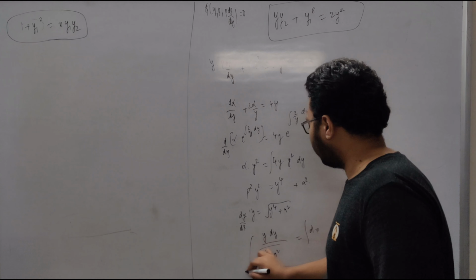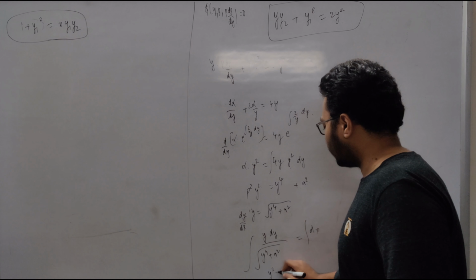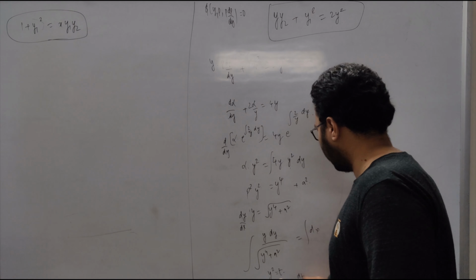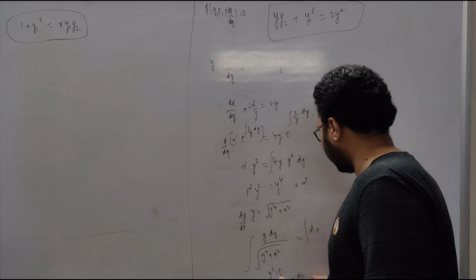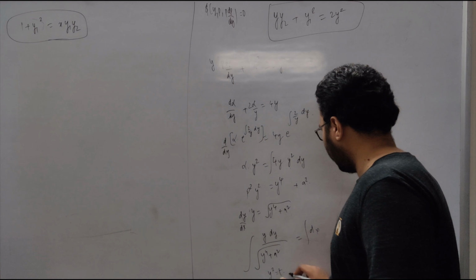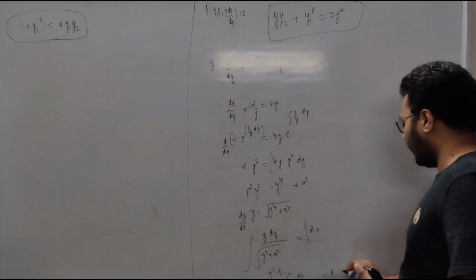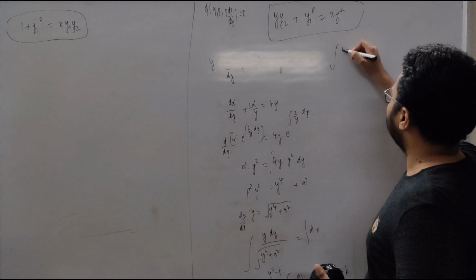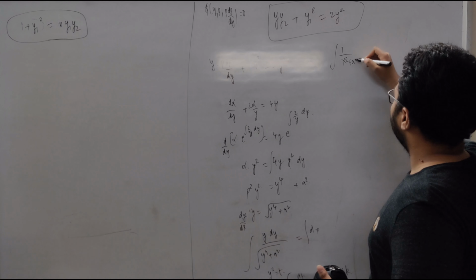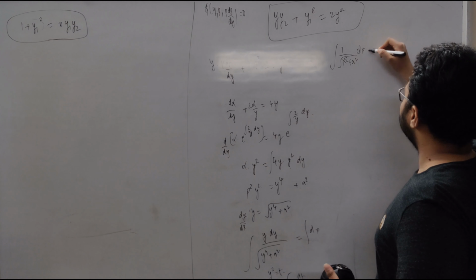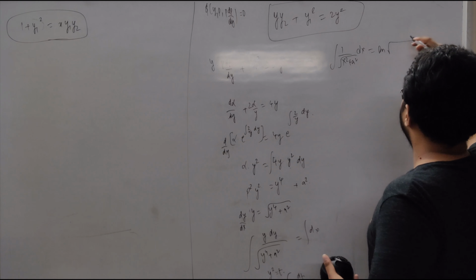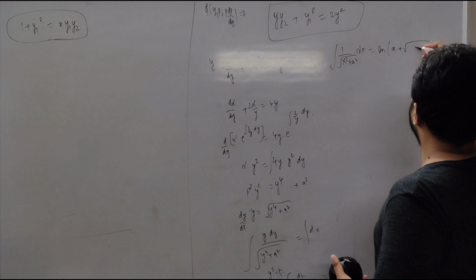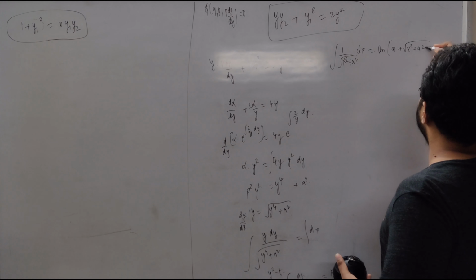Now integrating both sides, we can put y square equals t, and this is dt by 2 under root t square plus a square equals x plus k, and we know that the integral of 1 by under root x square plus a square dx equals ln x plus under root x square plus a square.